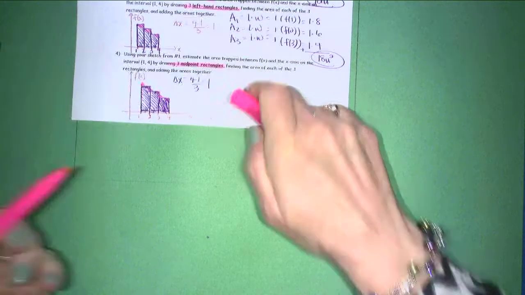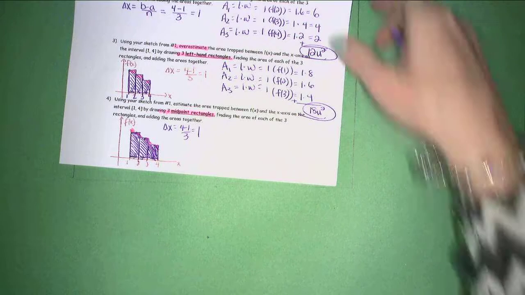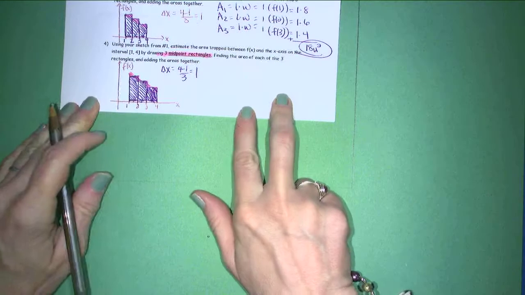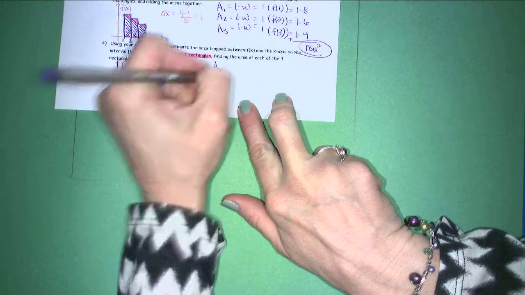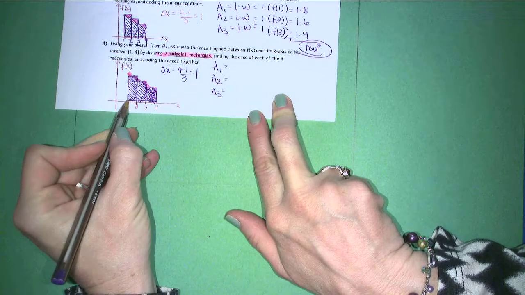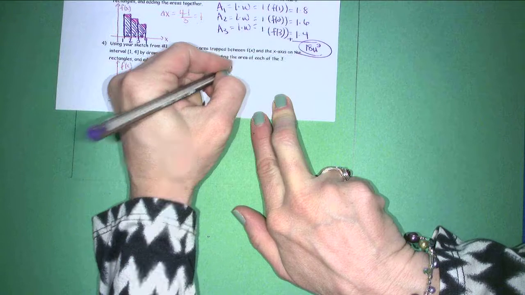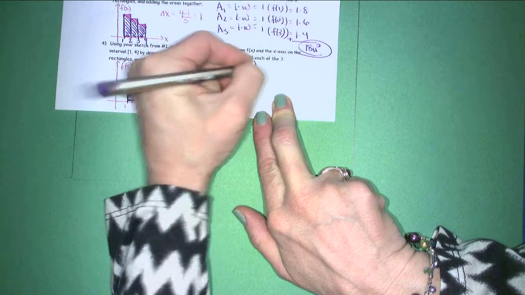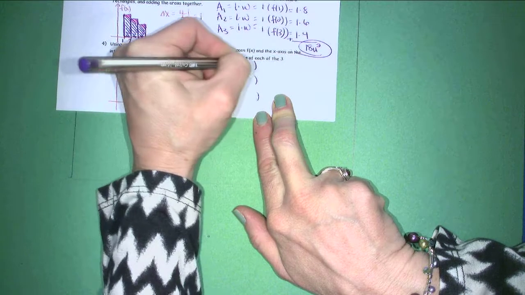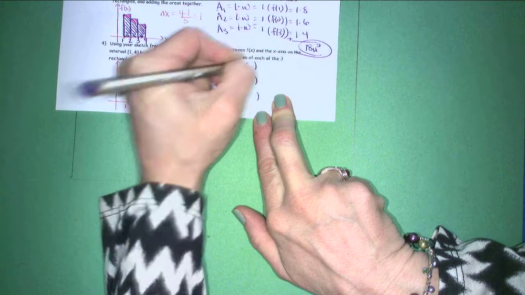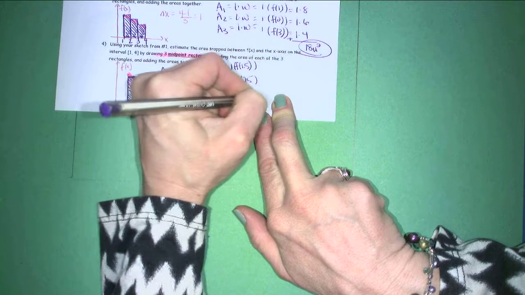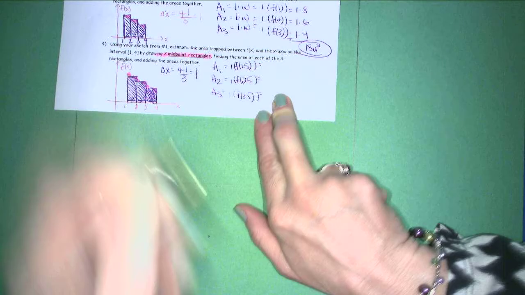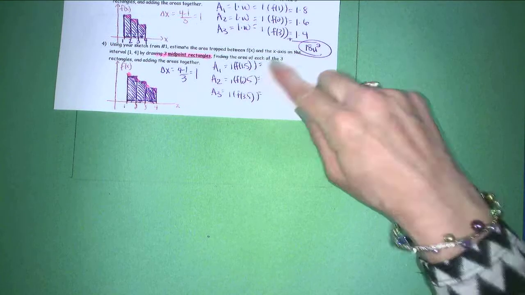So here's my final area, though. Here's how you work it out. You have your area 1, your area 2, your area 3. They're still 1 unit each in length, but now you're grabbing your heights, f of 1.5, f of 2.5, and f of 3.5. So, if you plug 1.5 into your function, you get 7.